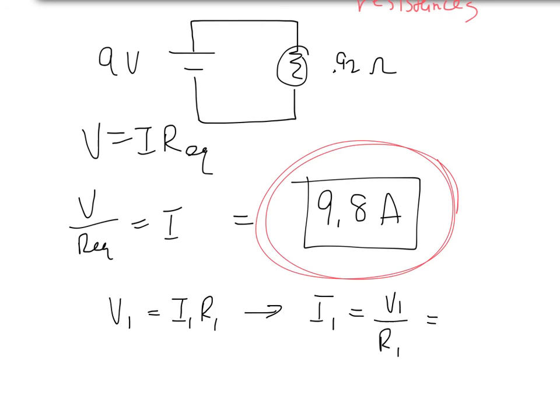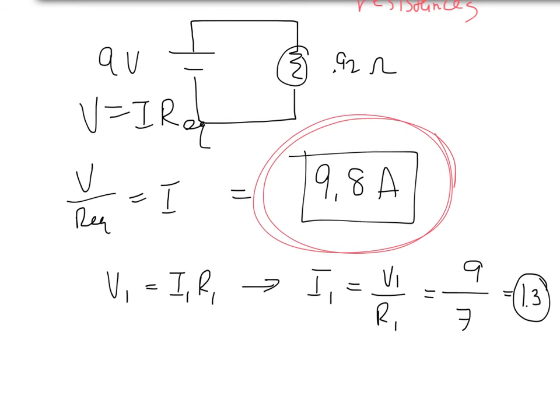What was the voltage out of the battery? 9. So it's 9 for every resistor. What was the first resistor? Wasn't it 7? Yeah. 9 over 7 gives us, what do you got? 1.3? Yeah. That's my current through the first resistor.